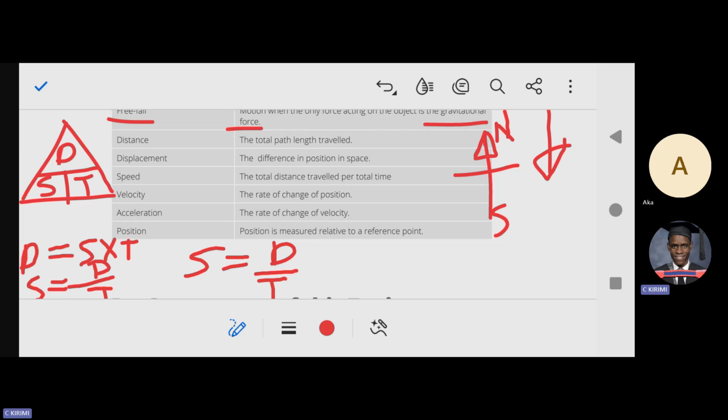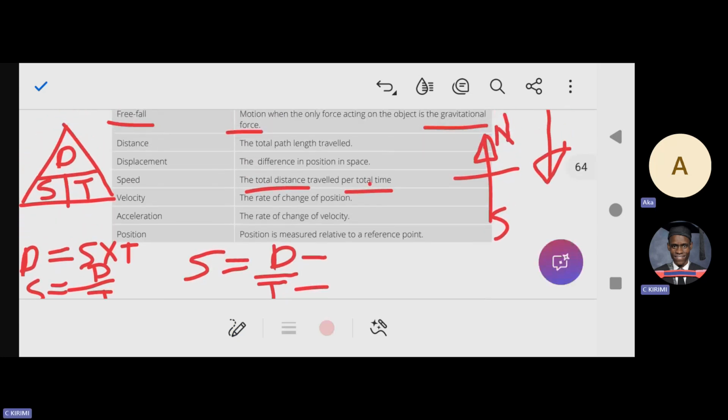This is the D, the total distance, and T is the total time. So speed is distance over time. Any question?